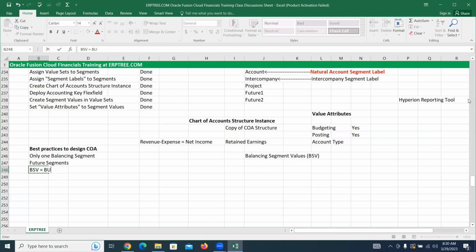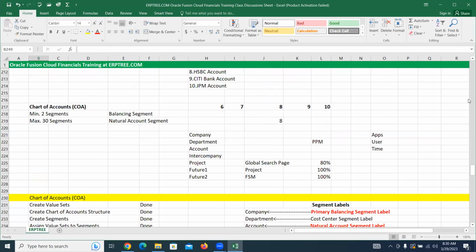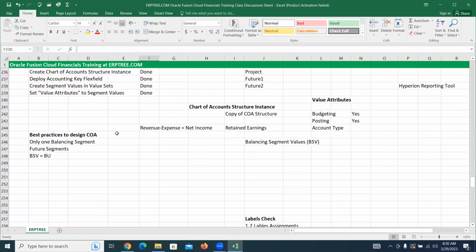One more point is, from the reporting standpoint, we have to create segment values as a parent and child relation. So create a parent and child relationship for the values.